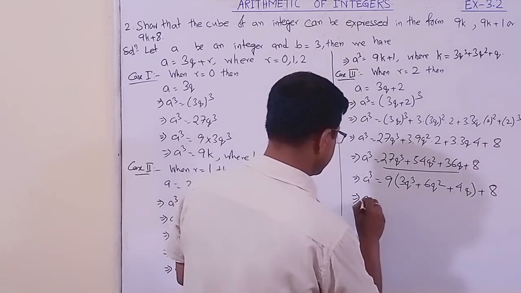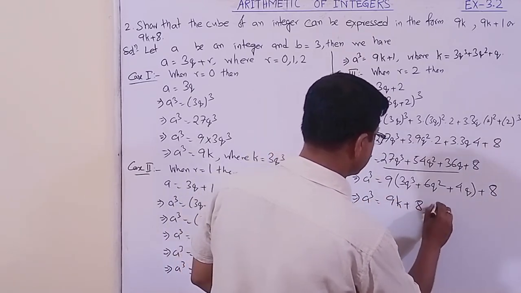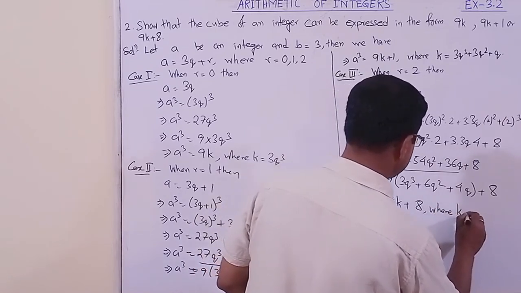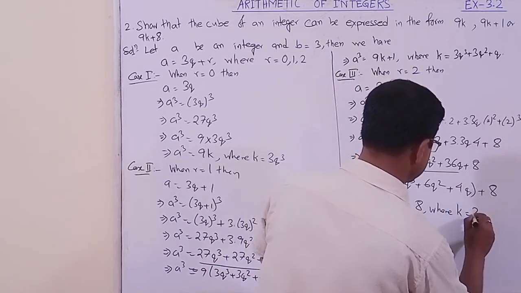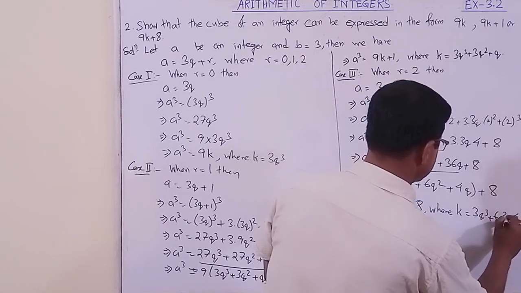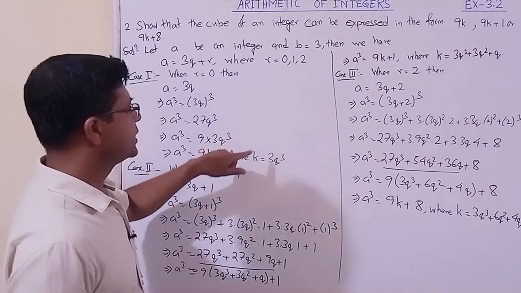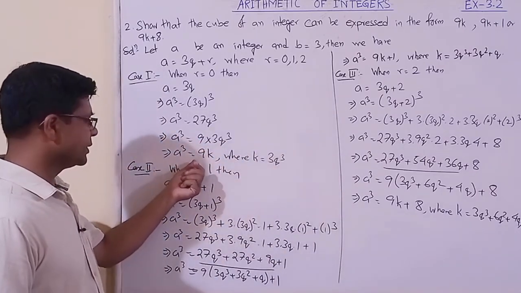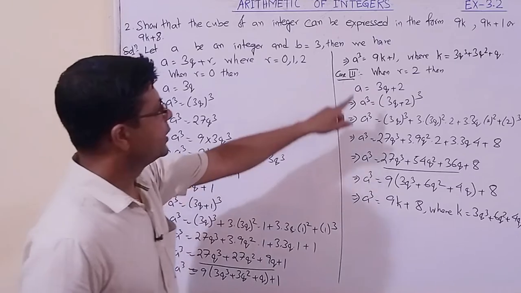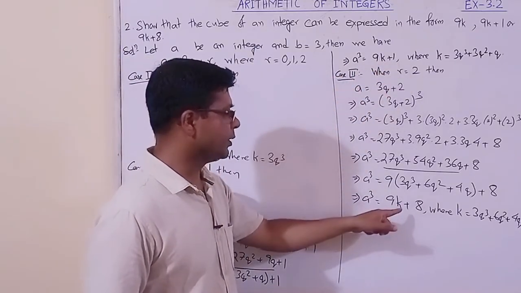So a cube is equal to 9k plus 8, where k equal to 3q cube plus 6q square plus 4q. Now we have expressed the cube in the form 9k or 9k plus 1 or 9k plus 8.